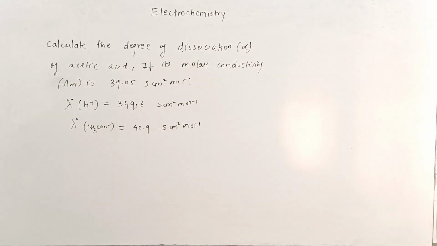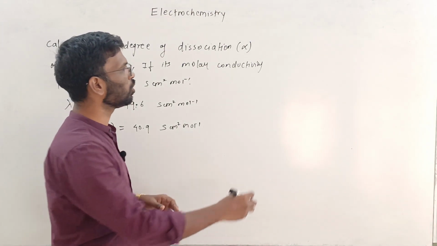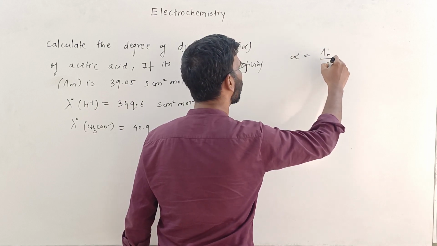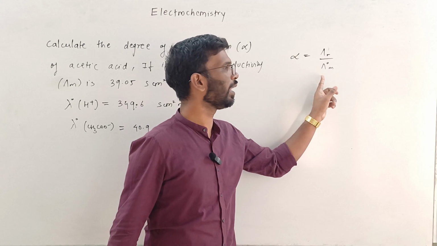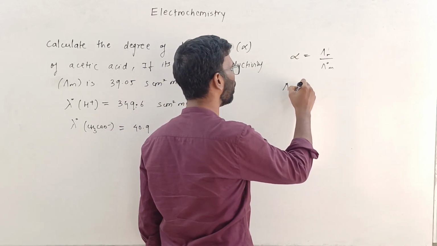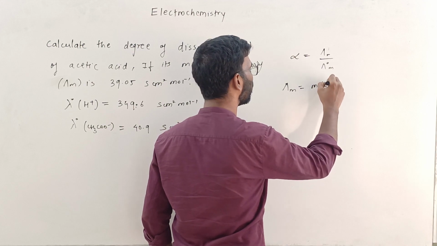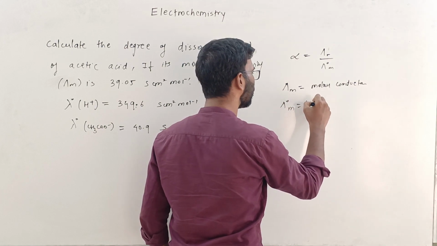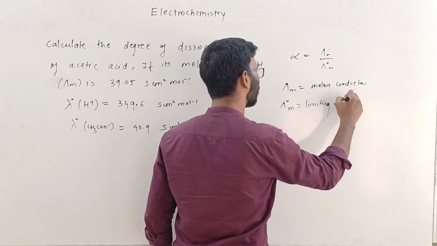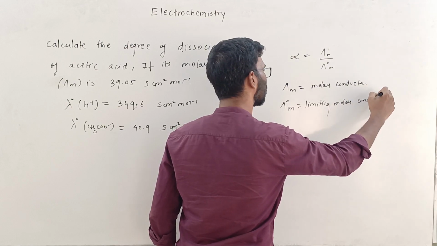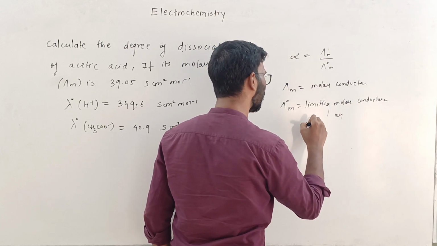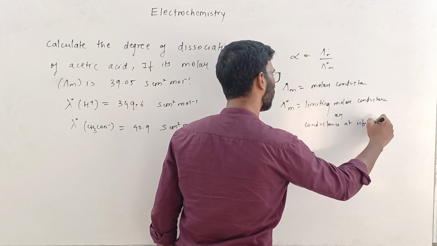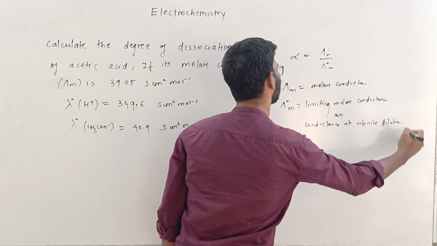Over here, calculate the degree of dissociation of acetic acid. What is the meaning of this? Alpha is equal to lambda m by lambda naught m. Lambda m is the molar conductance and lambda naught m is the limiting molar conductance, also called the conductance at infinite dilution.